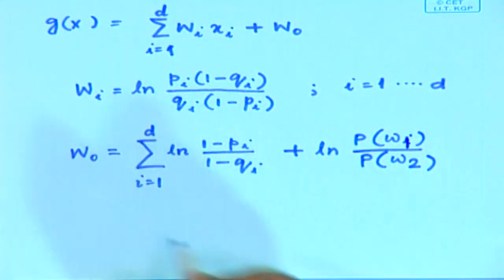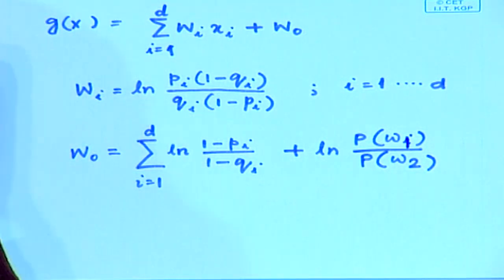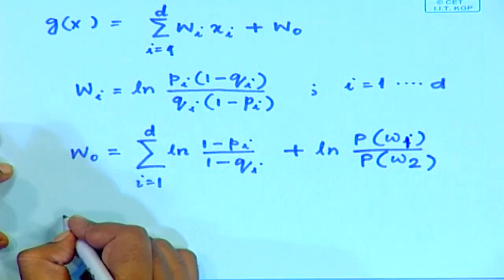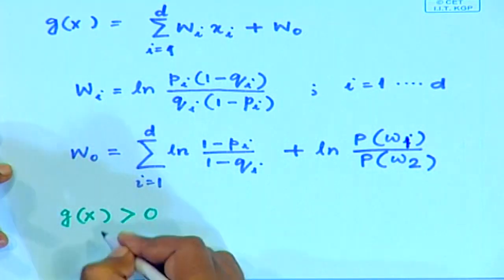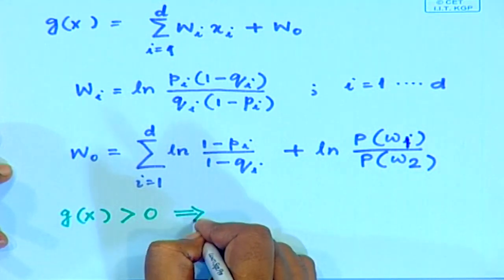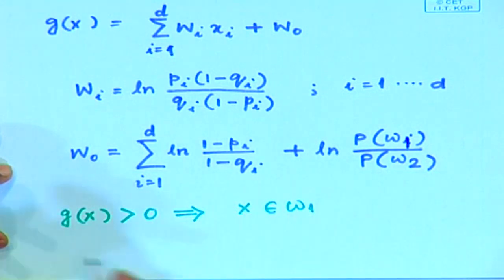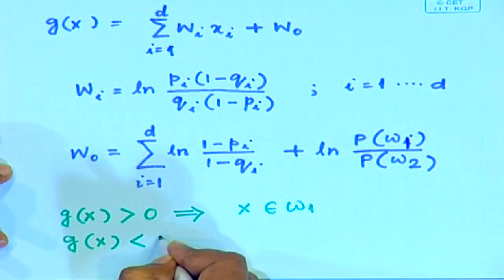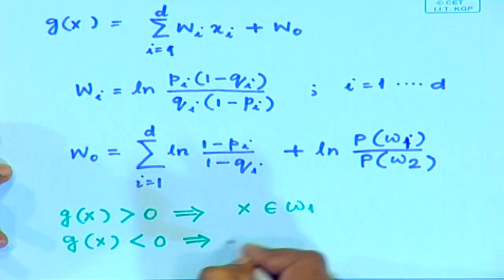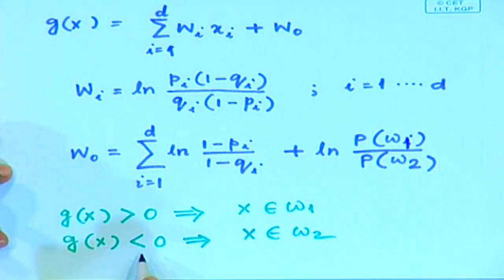Now, as I said, our decision will be that if g of x is greater than 0, then we decide that x belongs to class omega 1. If g of x is less than 0, then we decide that x belongs to class omega 2. If this is equal to 0, that is the boundary case.